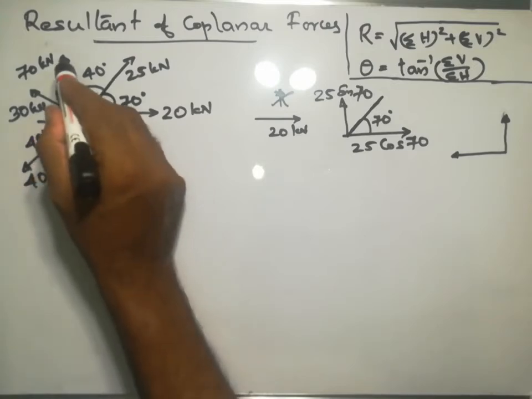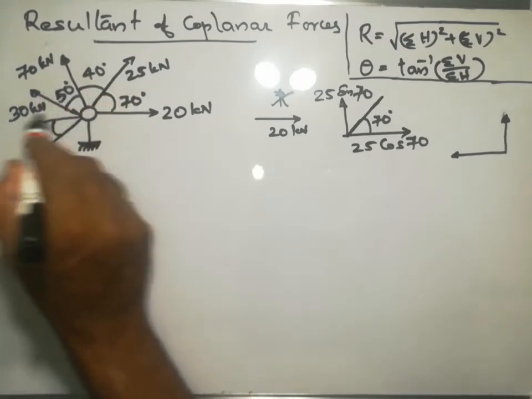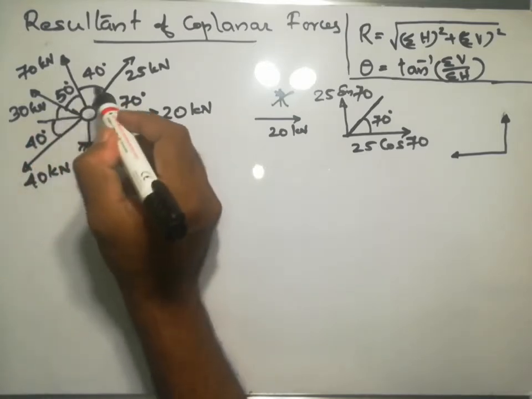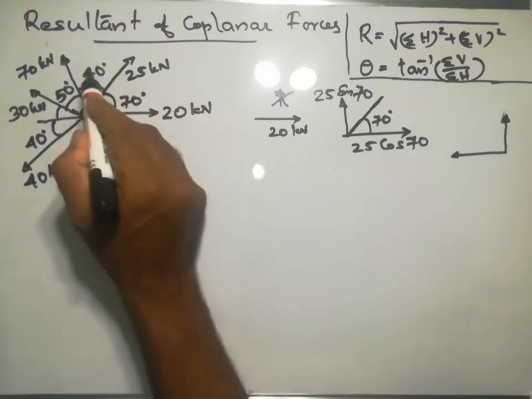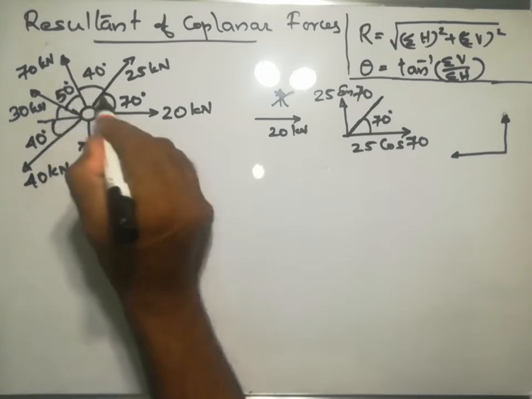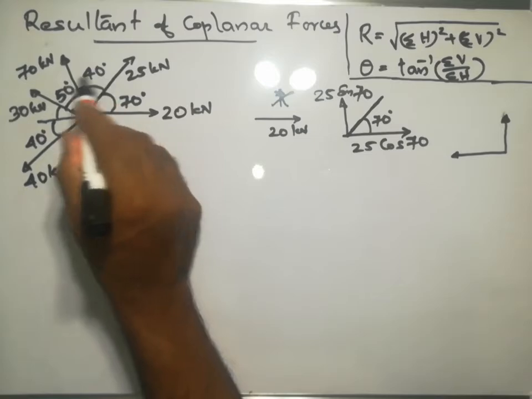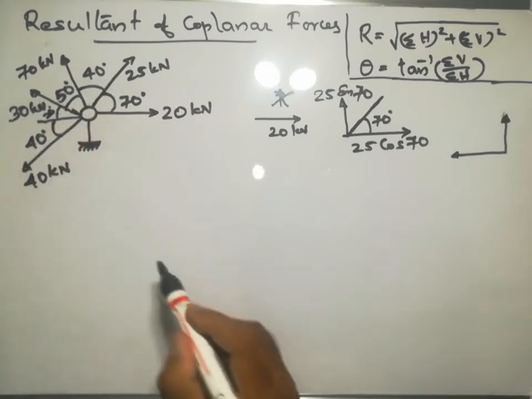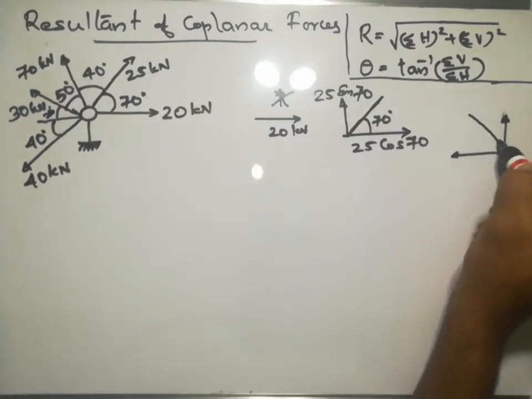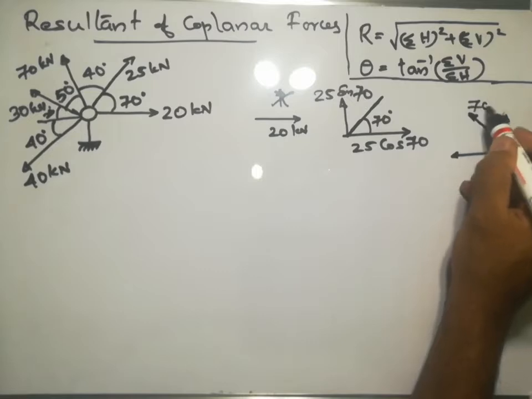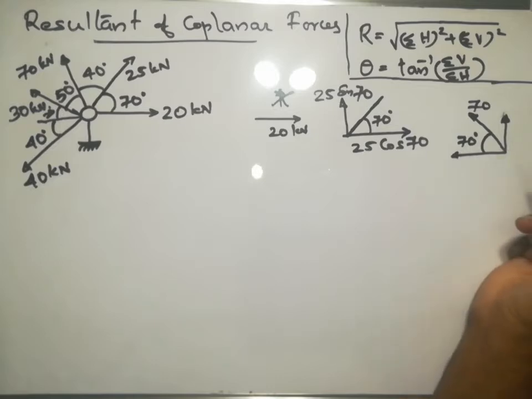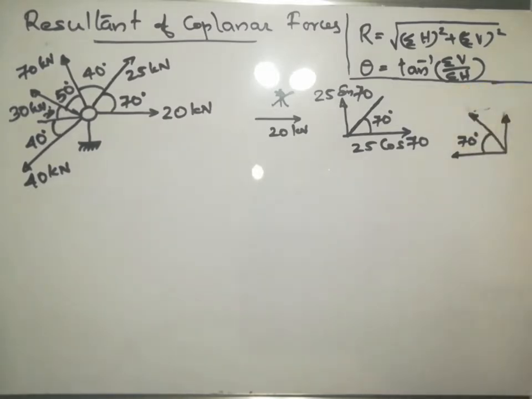The angle of the 70 kilonewton force from the horizontal in this direction will be 50 plus, and this will be 20 degrees, because this is 70, this is 40, totally 110, and plus 50 is 160, and this total angle should be 180. So 180 minus 160 will give you 20 degrees. So this total angle will be 70. So the 70 kilonewton force is acting at 70 degrees with the horizontal.